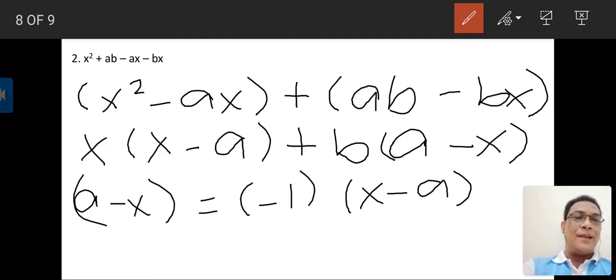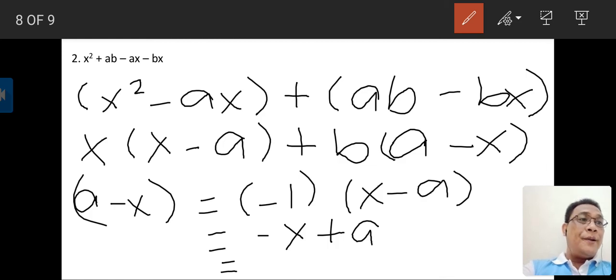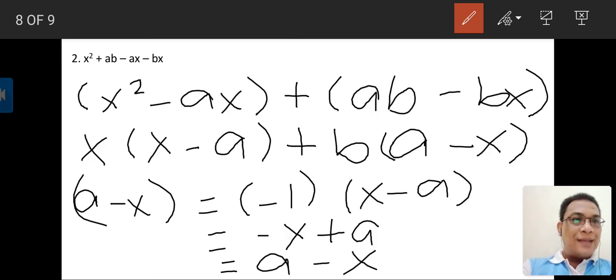Do you agree with me? So let me have this. So this will be negative x. Negative multiplied by a negative will be positive. Again, by the commutative property of addition, we can write that as a minus x, isn't it? So we prove that a minus x is equal to negative 1 times x minus a.